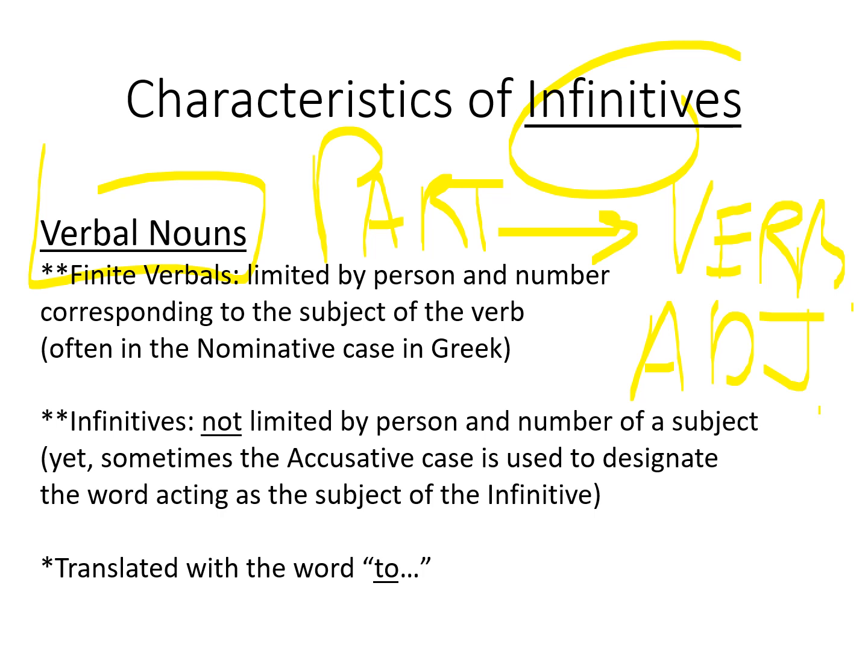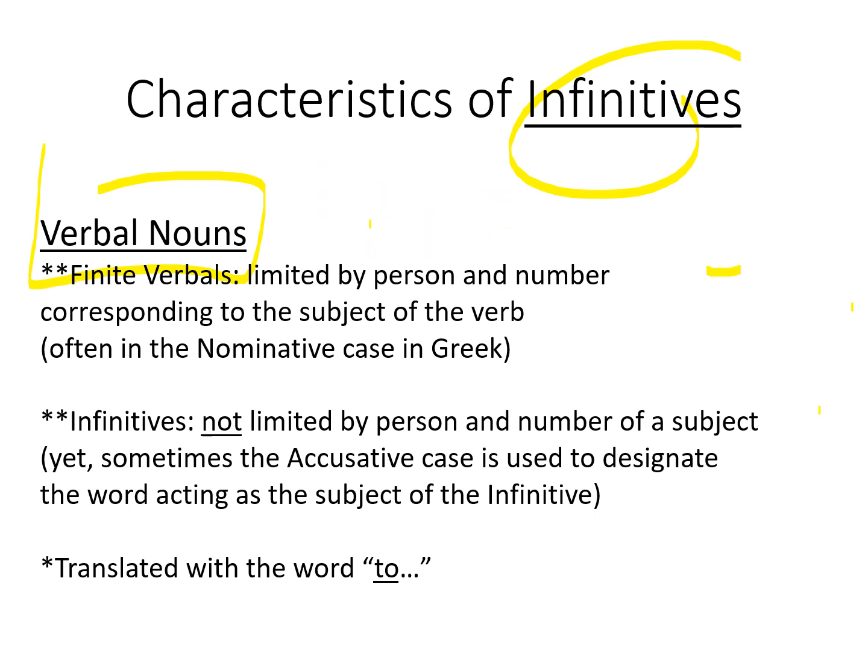Here we have verbal nouns themselves, and verbal nouns are translated with a keyword, to. We remember that finite verbals are limited, that is, they're finite. That's what limited means, finite. They're limited by person and number.